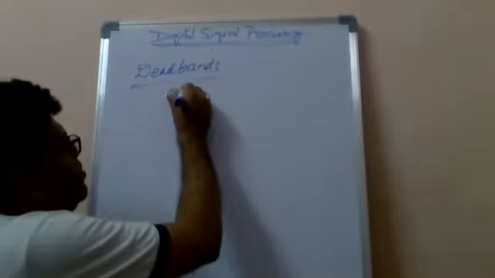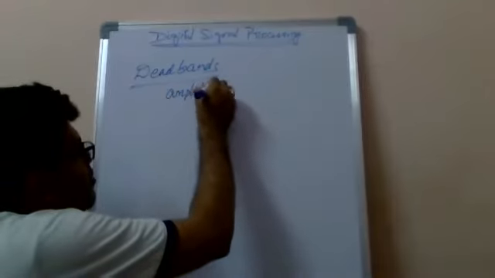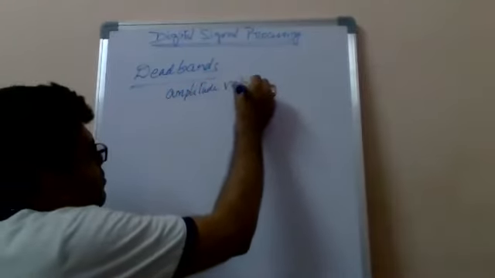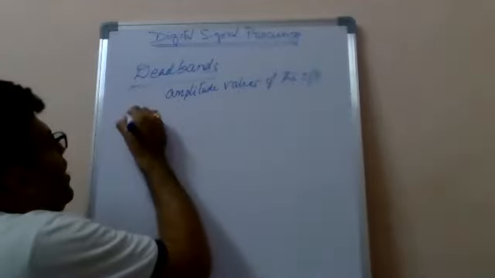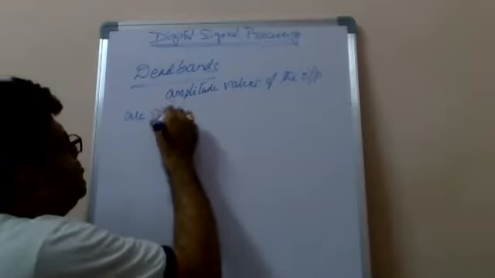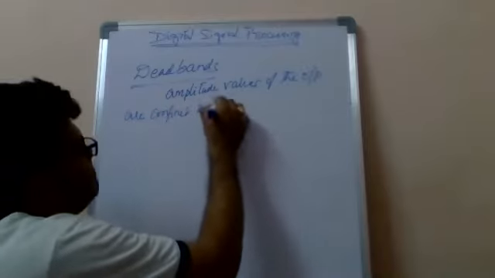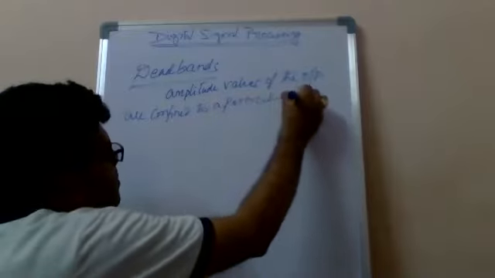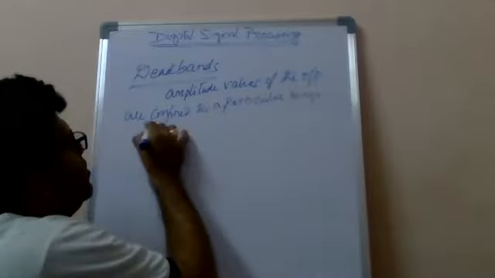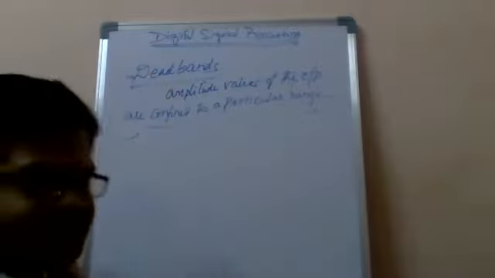These maximum and minimum amplitudes in the output are confined to a particular range of values, and this range is called a dead band.